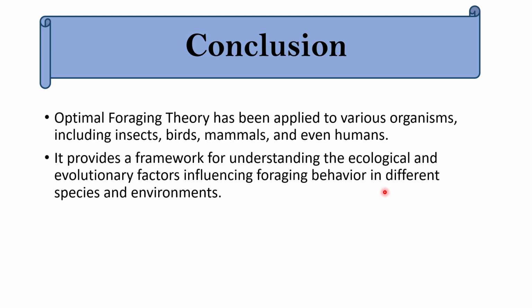That's why the term patches comes here. When some of the factors are hampered or affected, the framework will be changed. Framework means living or staying in a particular place, and that can change on the basis of evolutionary and ecological factors.